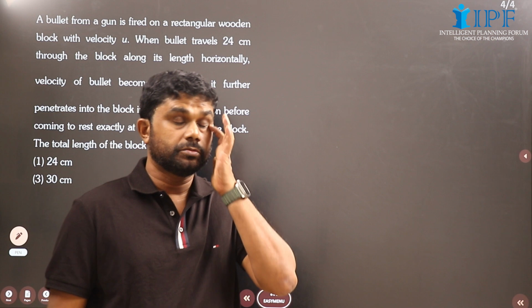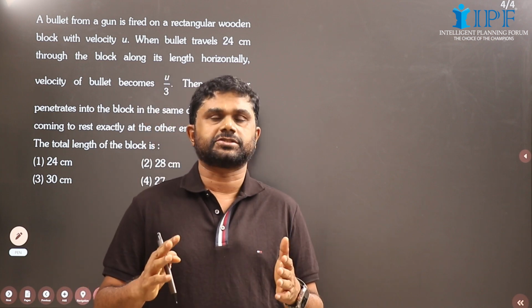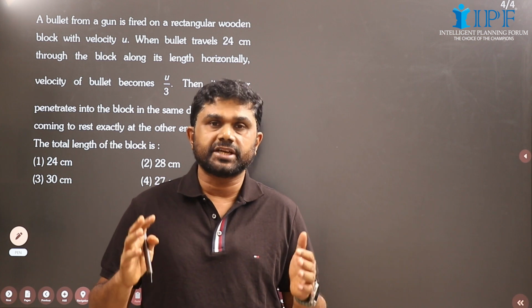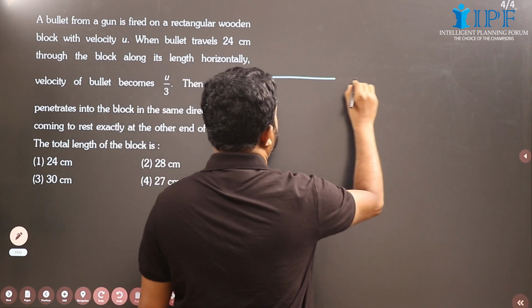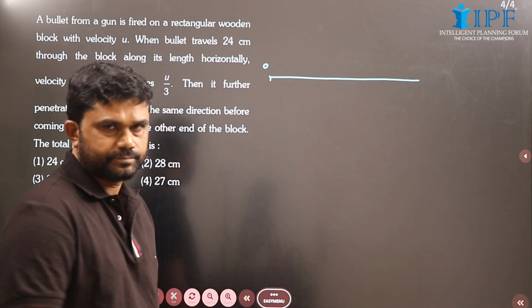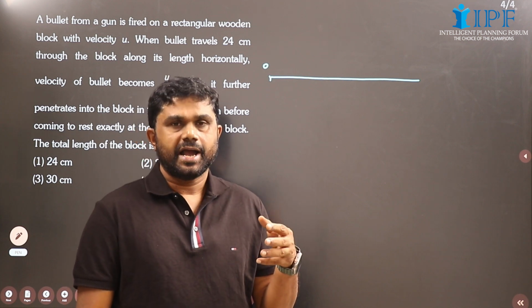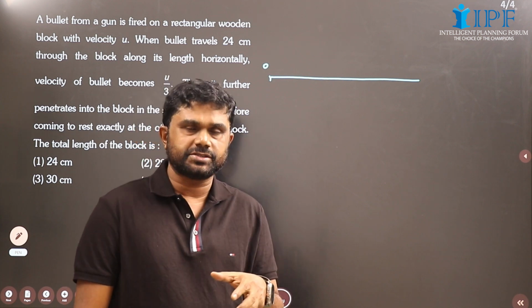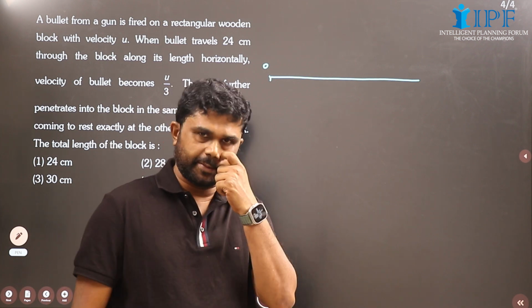Okay, now see, when a body starts from rest and moves with constant acceleration, here the velocity is 0. Acceleration constant means velocity changes equally in equal intervals of time.